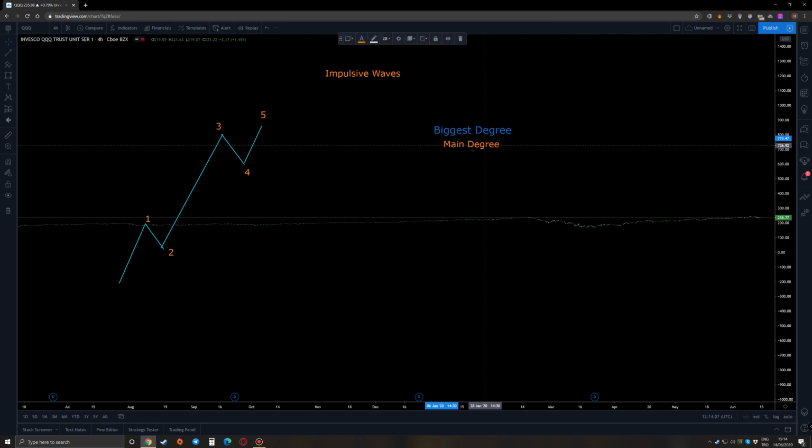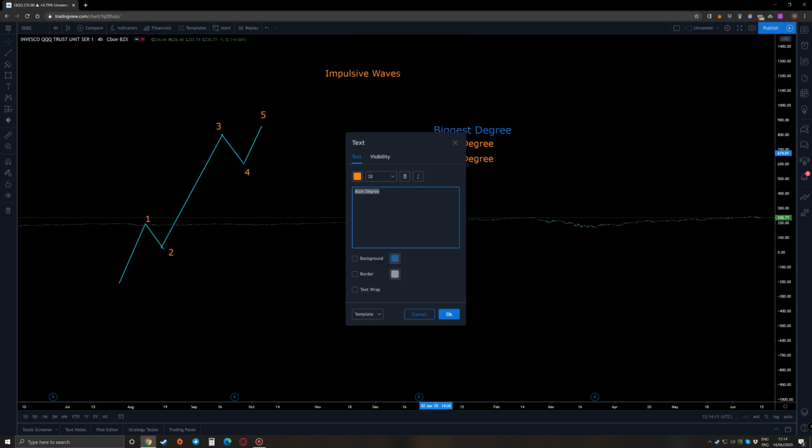And for this example, let's do one lower degree. There are so many more degrees you can use, but for this example's sake, 3 degrees should be enough. Let's make this in this color.